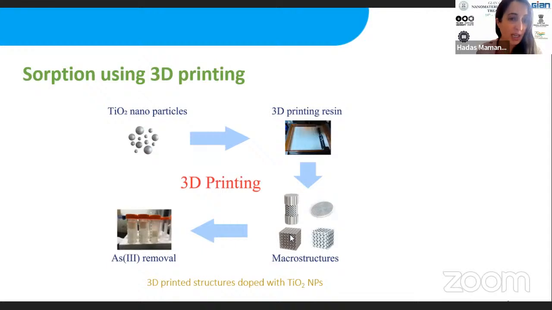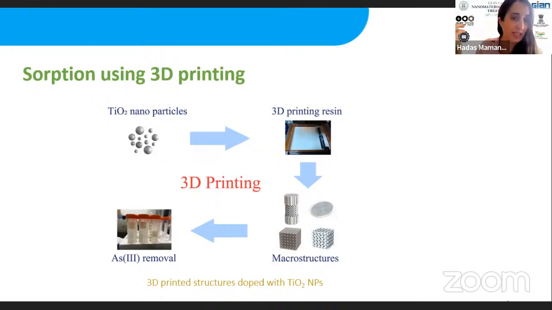And the structure itself could be, for example, like a filter, and that could be used actually to absorb arsenic from groundwater.